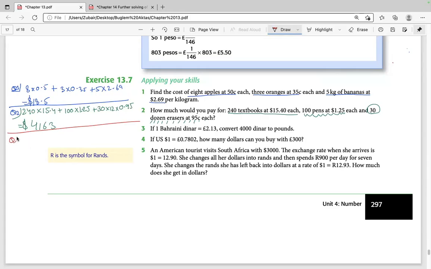Question number three. Are you getting it that these are not difficult? Yeah. You just have to read the data out.